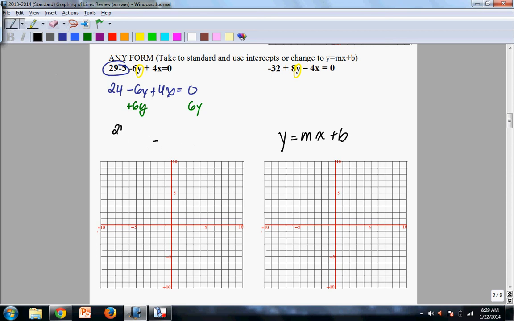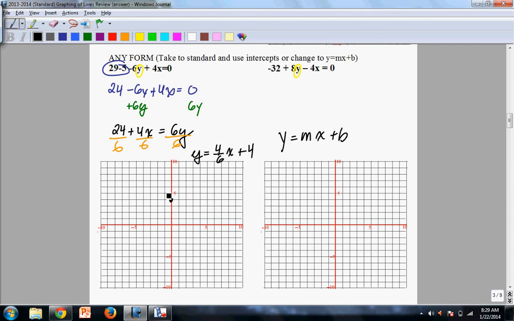I'm going to have 24 plus 4x equals 6y, and then I'm going to divide everything by 6, and we end up with y equals 4 over 6x plus 4.